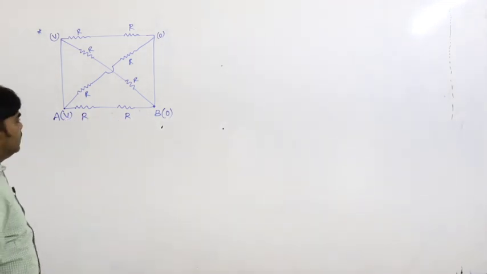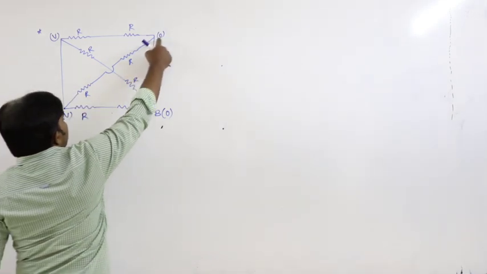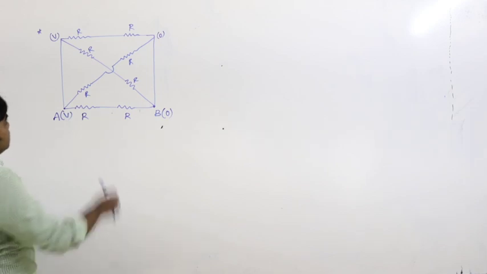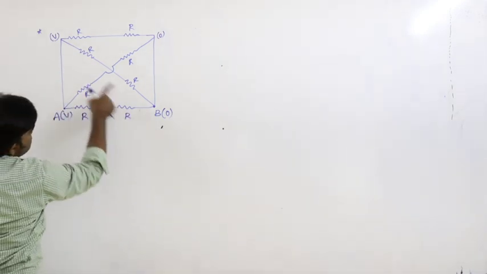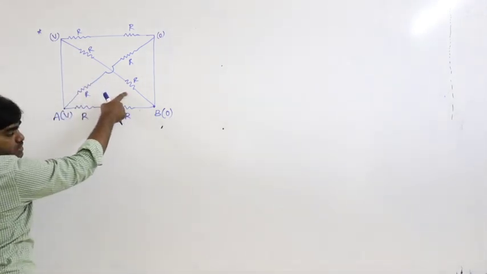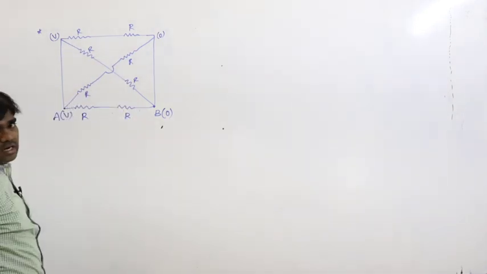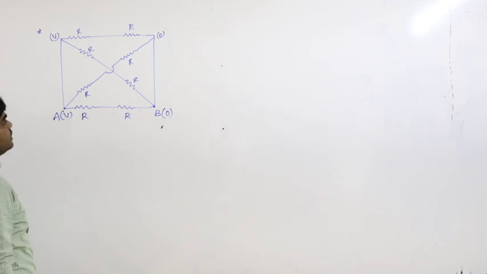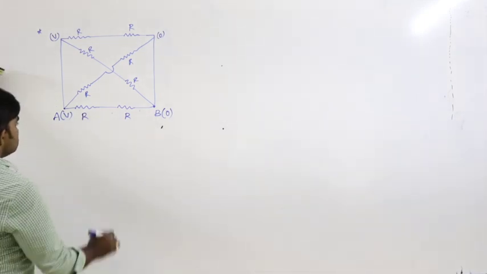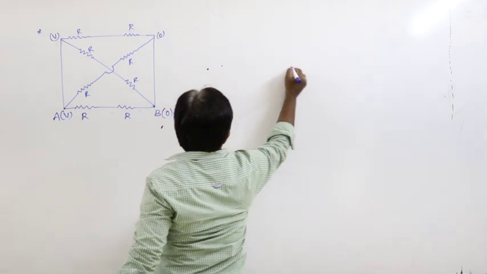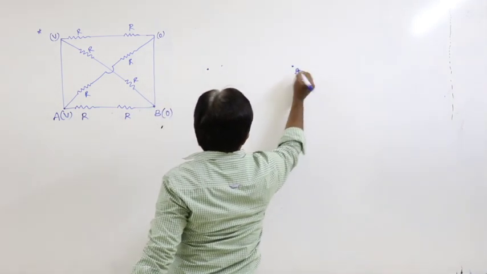Series. Next, this is V and this is 0. How are these two resistances? Series. Next, here V and it is 0. These two resistances? Series. Next, it is two resistances R and R. Series.